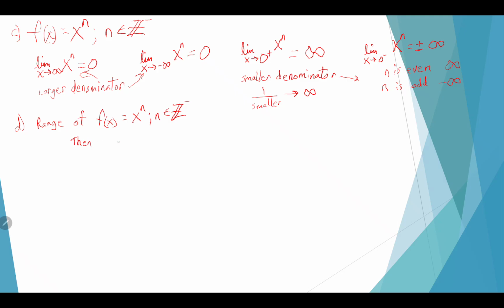Then we get from negative infinity, right? Our outputs will actually depend on n.